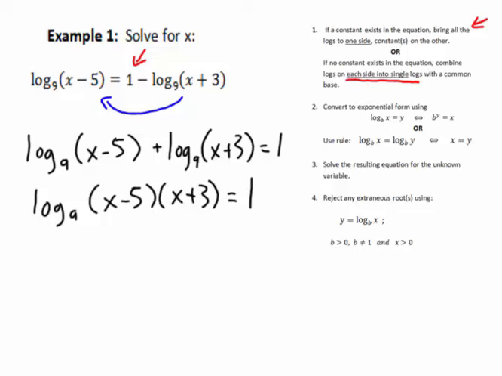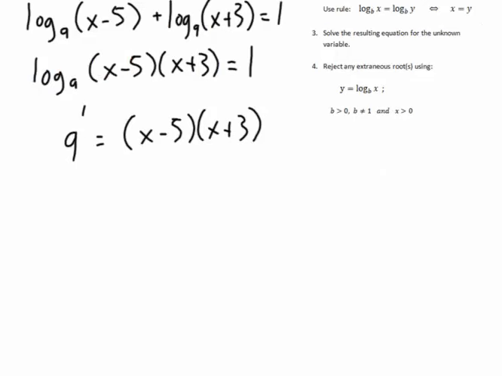Now we can convert from logarithmic form to exponential form. Taking it out of log base 9 and writing it as an exponent with base 9, it would be 9 to the 1 equals x minus 5 times x plus 3. All that work now takes us out of the logarithmic world and into an equation that we can solve because it's just a quadratic.